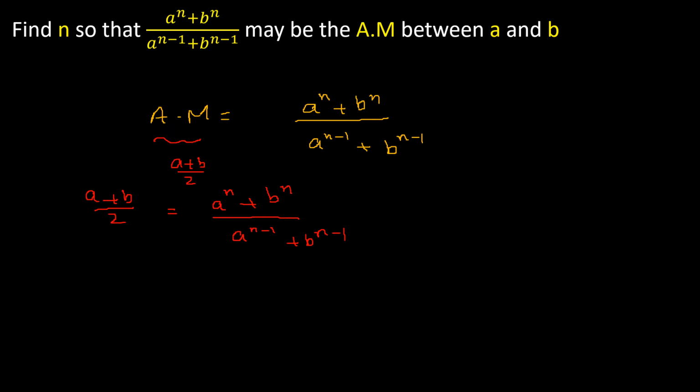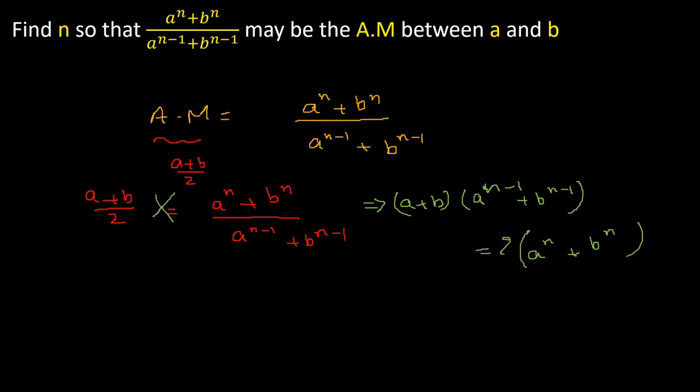If we do the cross multiplication here, this implies (a + b) times (a^(n-1) + b^(n-1)) equals (a^n + b^n) into 2, right?